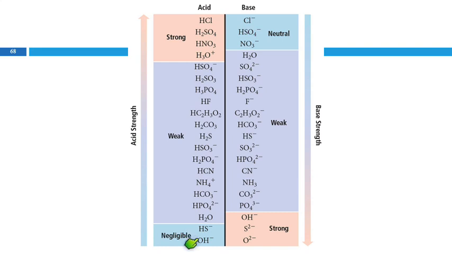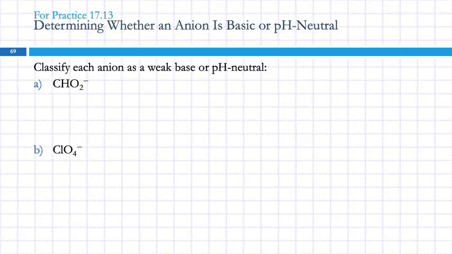Until when we get down here, S2 minus is the conjugate base of HS minus, and so this solution would be basic. I'm not really sure how helpful that is, but they're opposite.